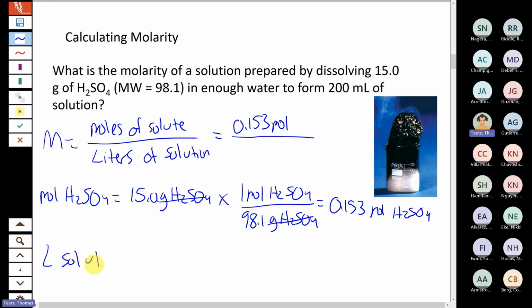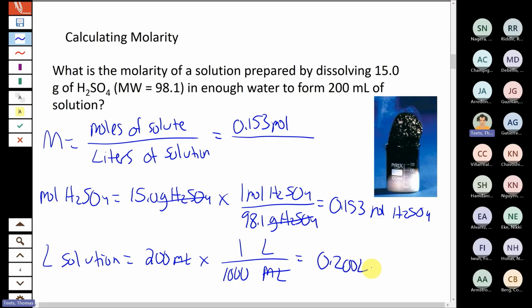A lot of this you'll be able to do in your head after you do it enough times, but just to remind you, if we have 200 milliliters of solution, we want to convert that into liters to use the correct unit for our molarity calculation. 1 liter is 1,000 milliliters. Or you could put 10 to the minus 3 on top and 1 on the bottom. Mathematically, it's the same, but either way, you'll get that as 0.200 liters. So that is something you have to commonly do in this part of the course, because liters is a pretty big volume of solution.